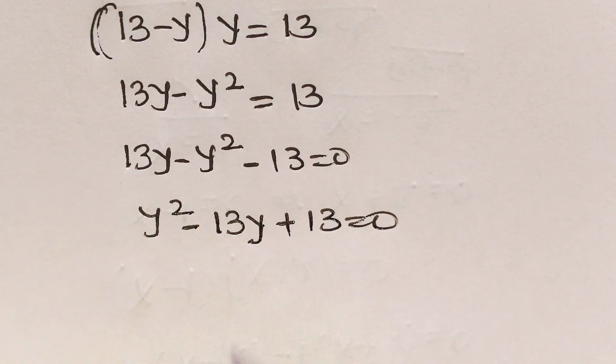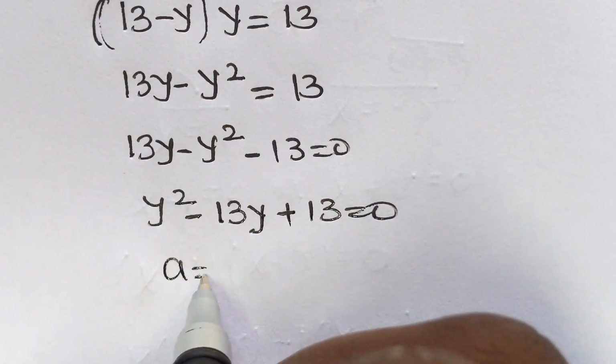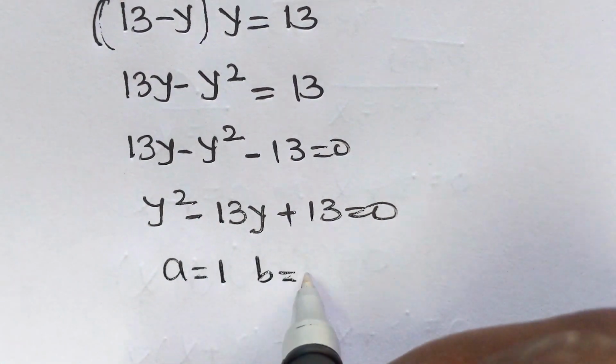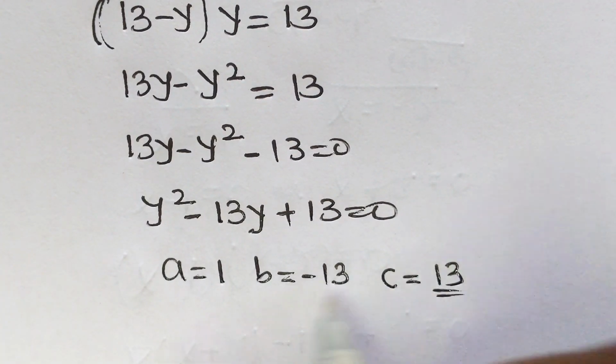Of course, this is a quadratic equation. You have to find a, which is equal to 1, b, which is equal to negative 13, and c, which is equal to 13.